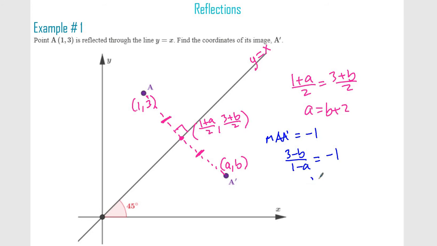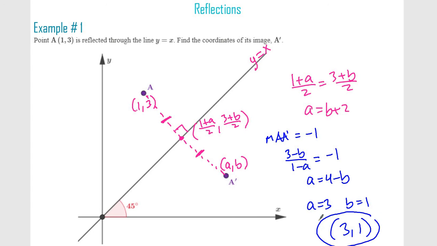We can rearrange that. We get a equals 4 minus b. We can solve those. We get a equals 3 and b equals 1. So we can prove that our point is 3 comma 1. Okay, so we can solve it that way, right? Hopefully, visually, when you flip across that 45. Okay.